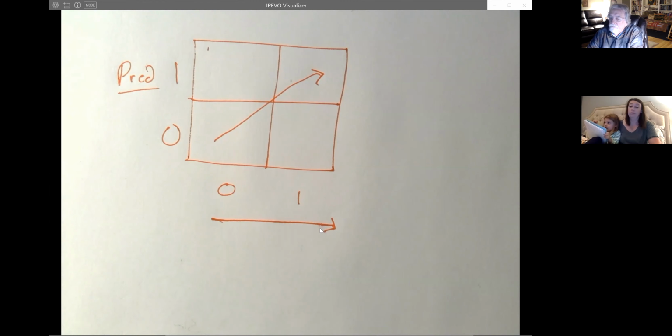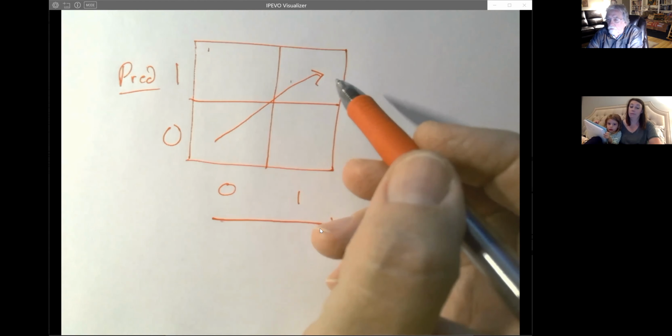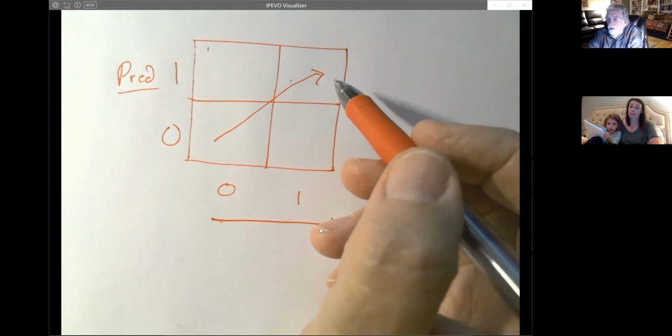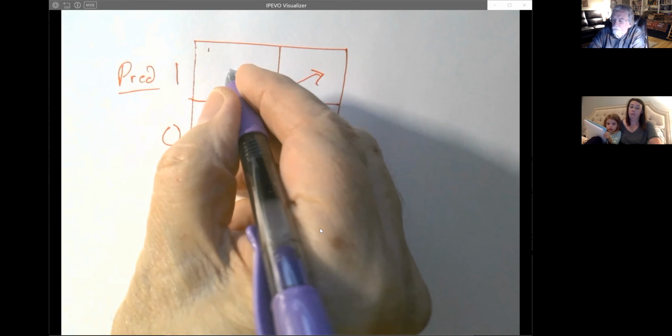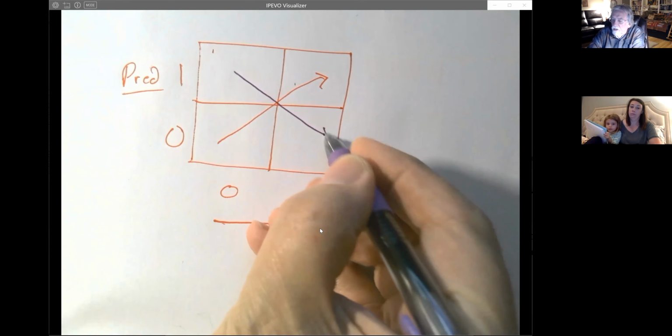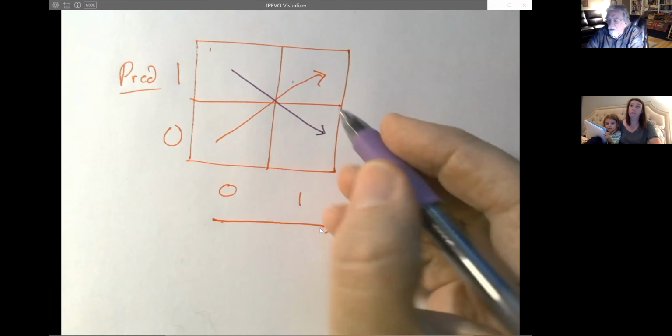Now, if we find that some of these predictors move in the opposite direction, it's not like correlation, where that's a valid outcome.